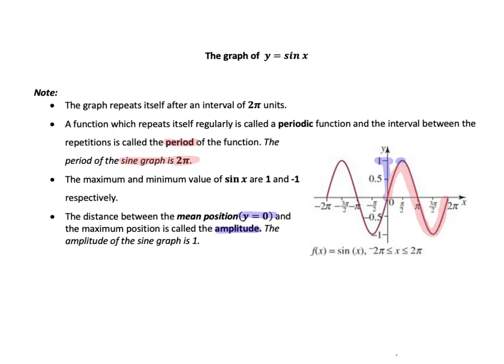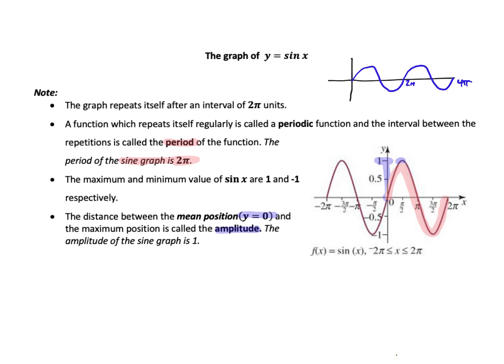All right, so let's have a look at a few of the notes here. The graph repeats itself after 2 pi units. So when we had the axis, and we saw that it went up and down, and we got to 2 pi, and if we kept going, we'd be back at 4 pi, at the same spot again.